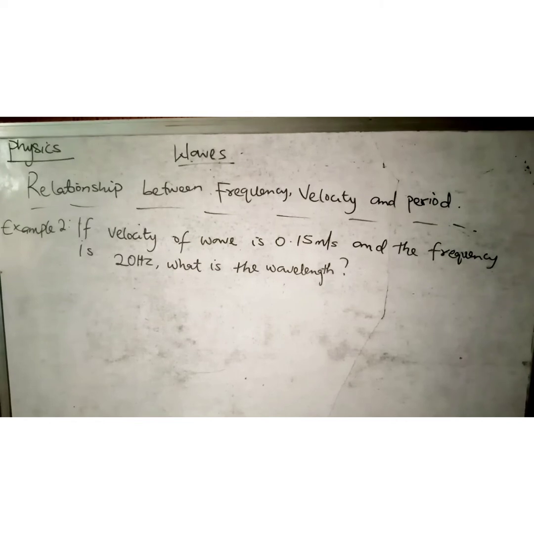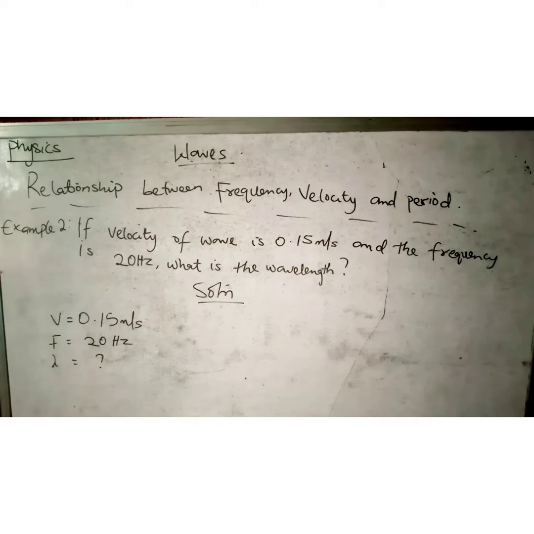The second question says, if the velocity of a wave is 0.15 meters per second and the frequency is 20 hertz, what is the wavelength? To solve this, let me first of all write down the quantities and their values.